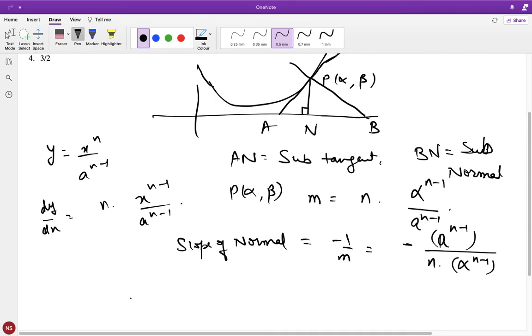So the equation of BP should be what? (y - beta)/(x - alpha) is equals to this.